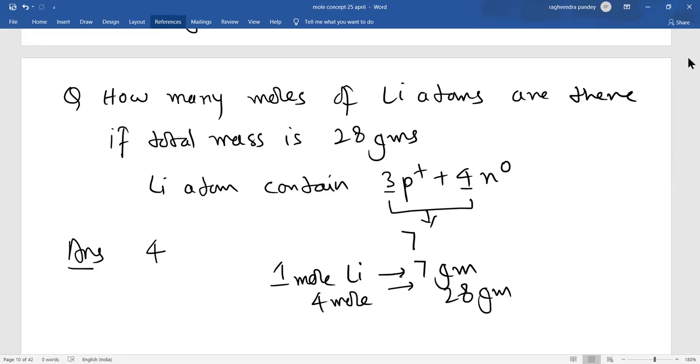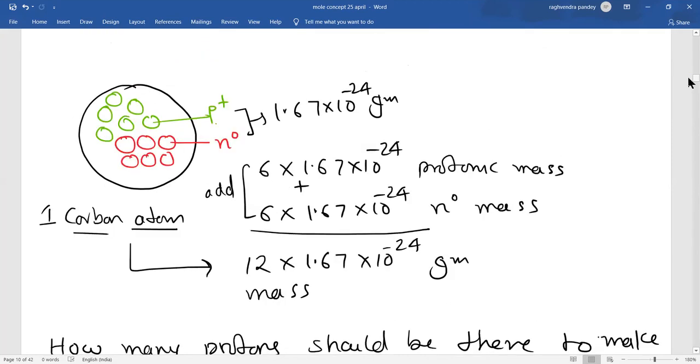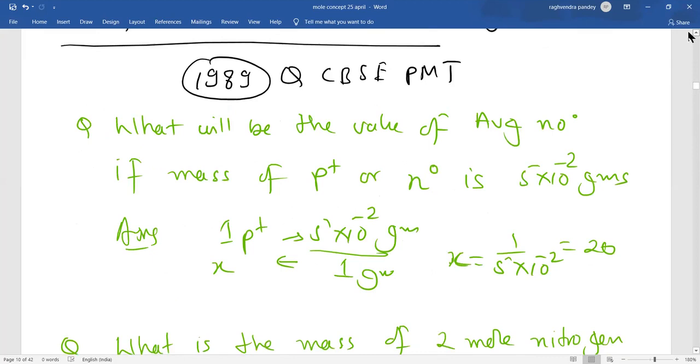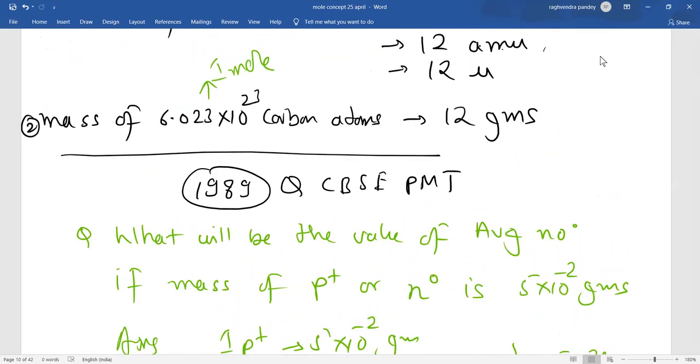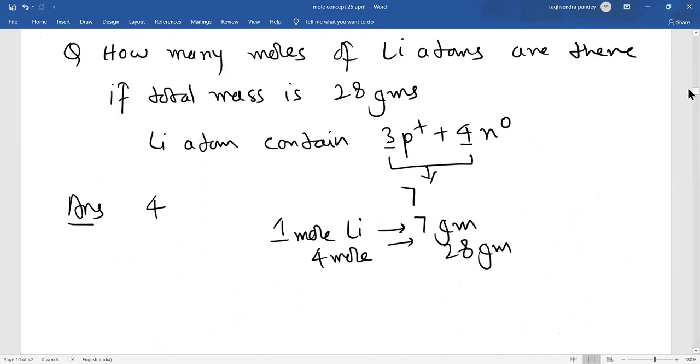What we did in carbon: proton and neutron, 6 plus 6, 12. So the mass of 1 mole carbon is 12 gram. So when I talk about 1 mole of anything, you just have to write the proton plus neutron and then write the grams.